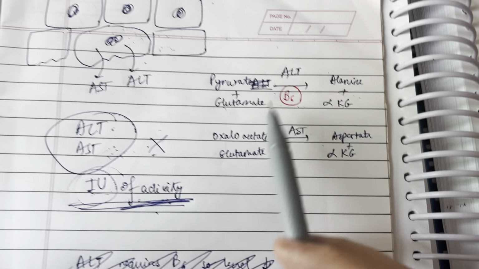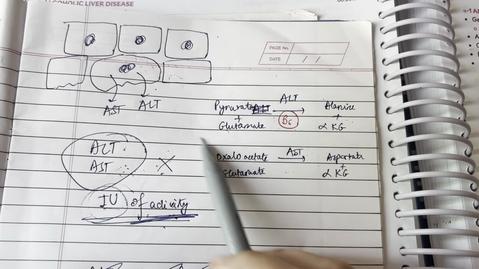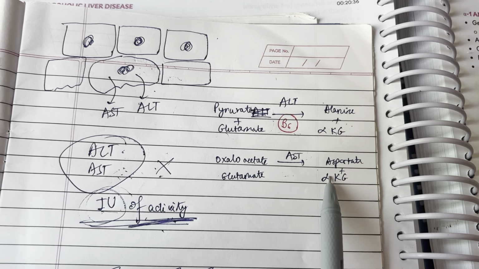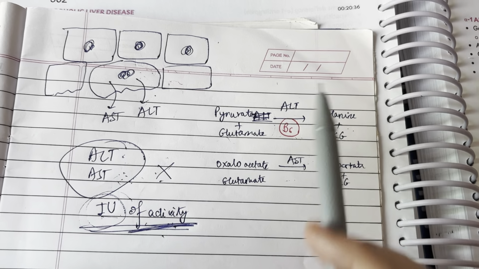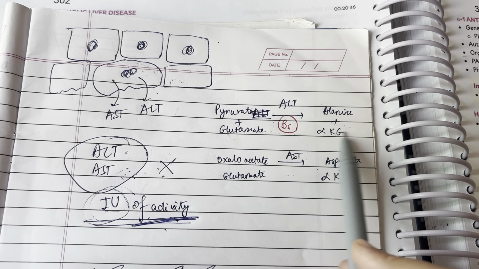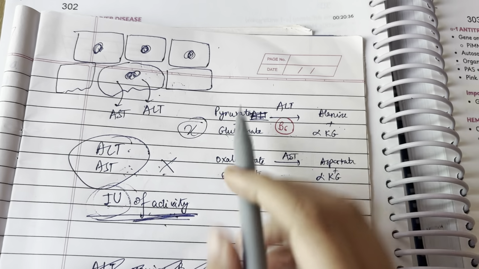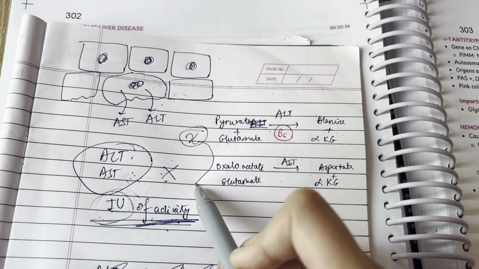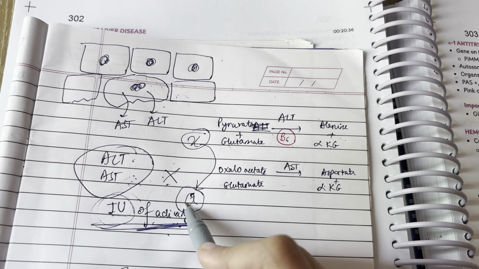So the amount of ALT and AST in blood is measured by how fast these reactions can happen. This is the mechanism of ALT and AST, transamination. If this reaction occurs at, let's say, X amount of speed, then you can conclude that A amount of ALT is present.